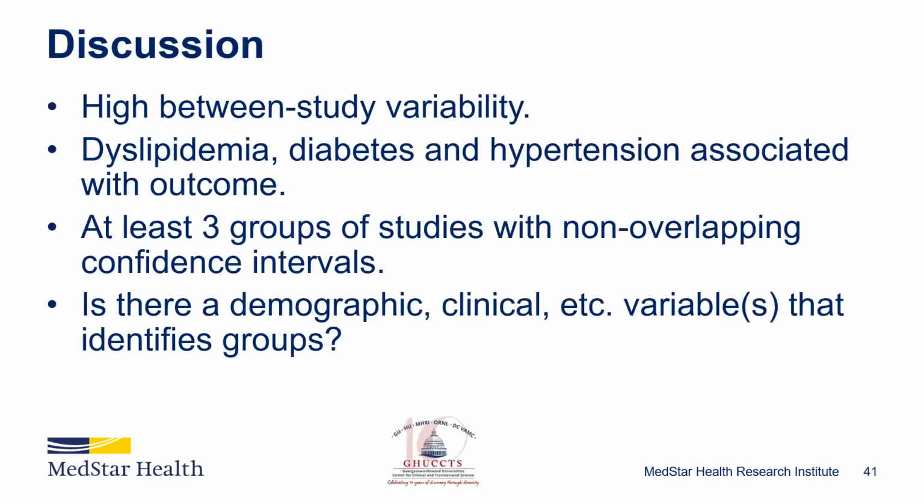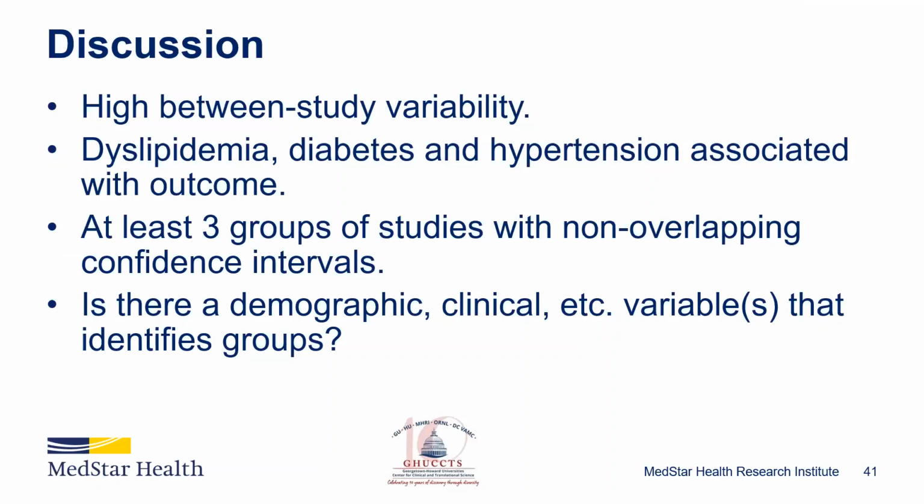As far as this study goes, they did mention that there was high between-study variability. They did find through meta-regression some clinical comorbidities that were associated with the outcome. But on further investigation, I found that there were at least 3 groups of studies with non-overlapping confidence intervals.